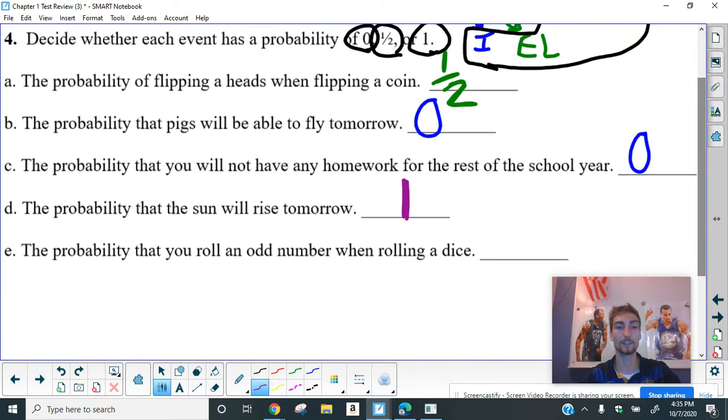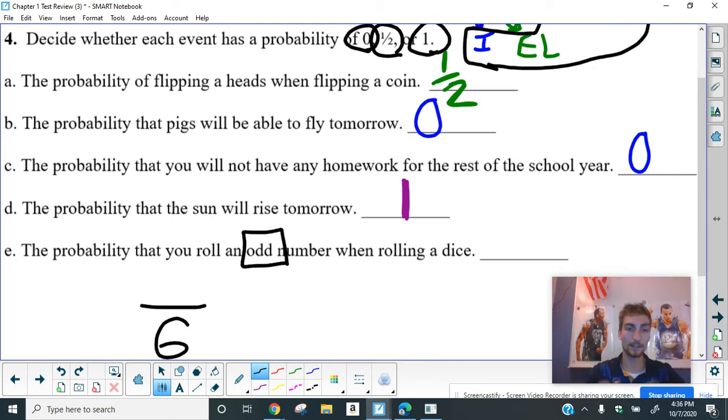Okay, now I got to think a little bit here. So how many possible outcomes are there on a dice? There's 6, right? And then how many outcomes are even and odd? It's asking for odd here. Well, half of them are odd. If we think about 1, 3, and 5, that's half out of the total. So I'm going to put 3.